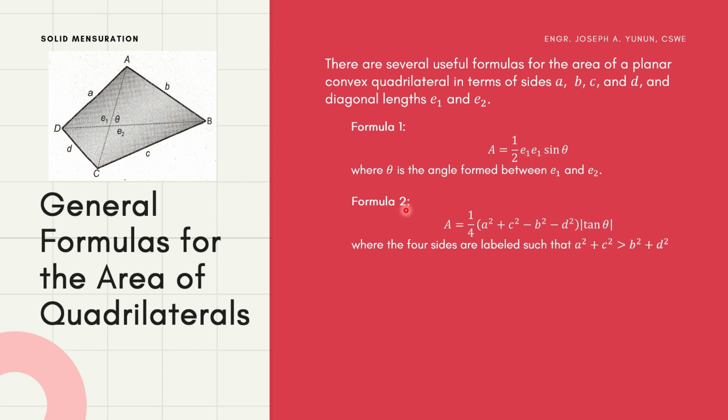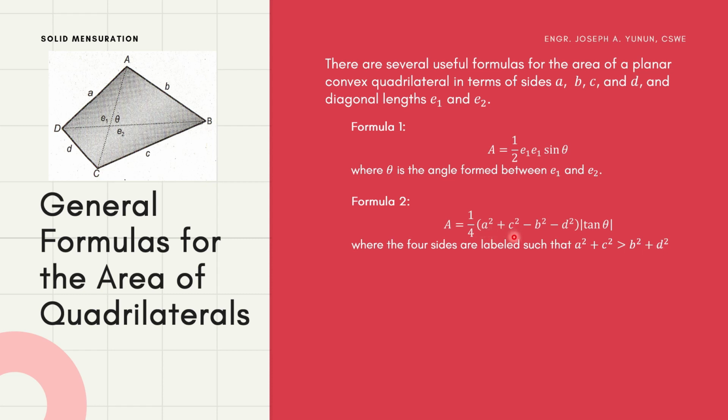And for formula 2, you have this formula given four sides, where you should be familiar with these labels such that the sum of the squares of the opposite sides must be greater than the sum of the squares of the other two sides.